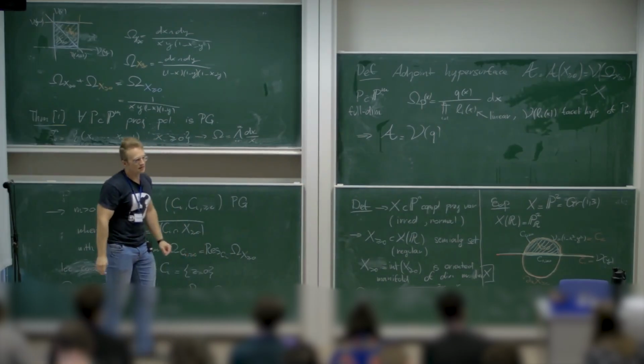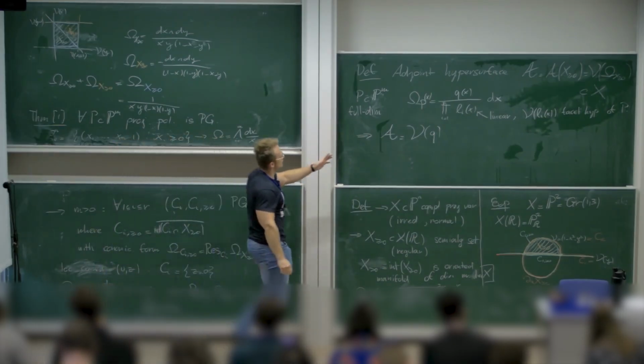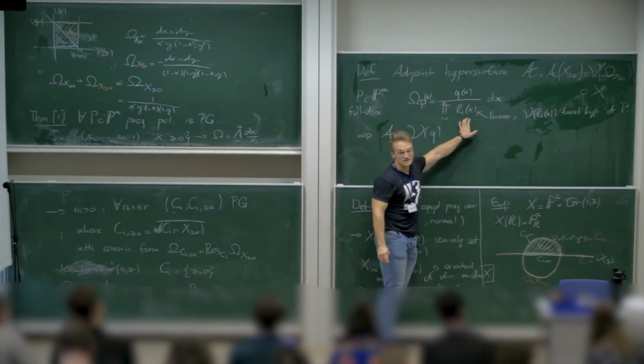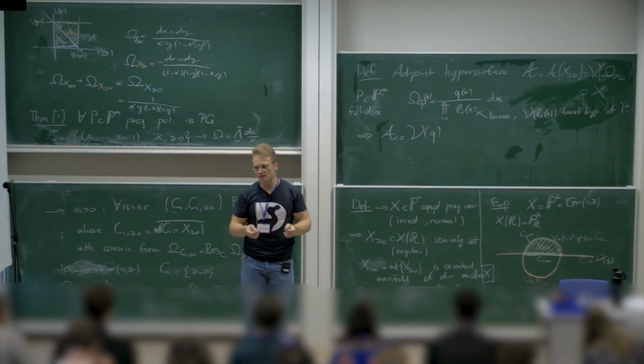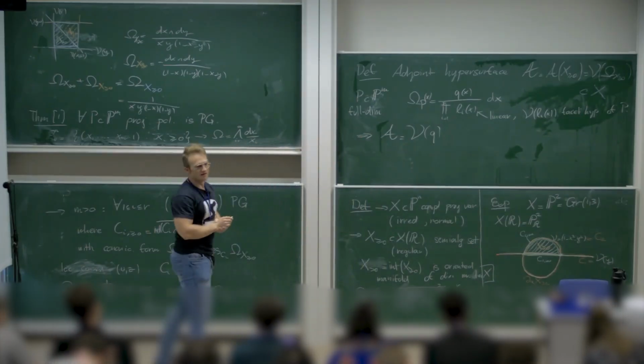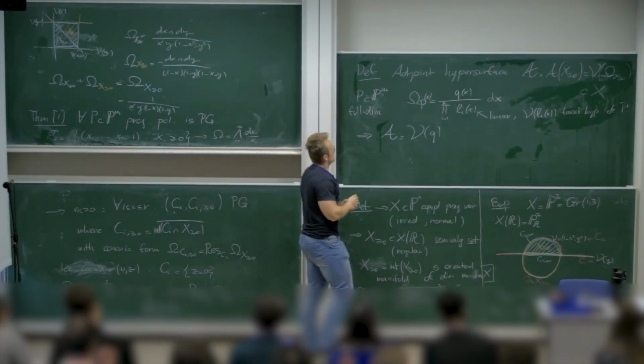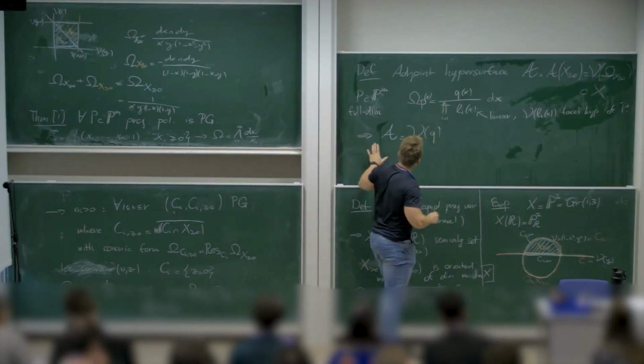So you can see that the structure of the form on the denominator is very simple, right? If you know the boundary structure of your semi-algebraic set, you know what you put in the denominator, the equations defining this boundary. But in the numerator, okay, you have something more complicated.